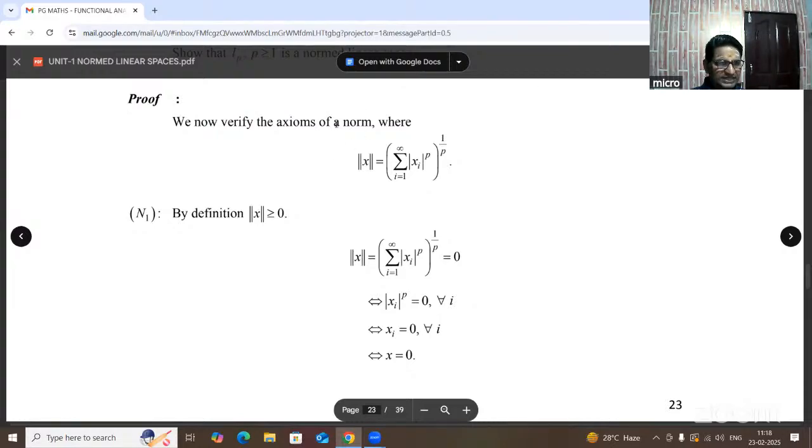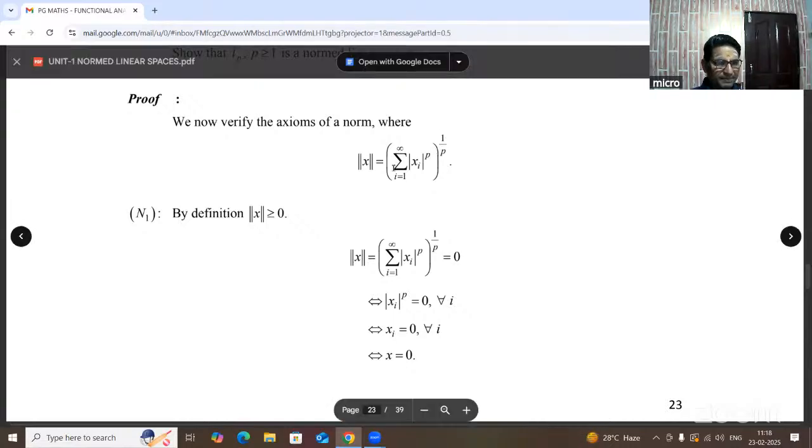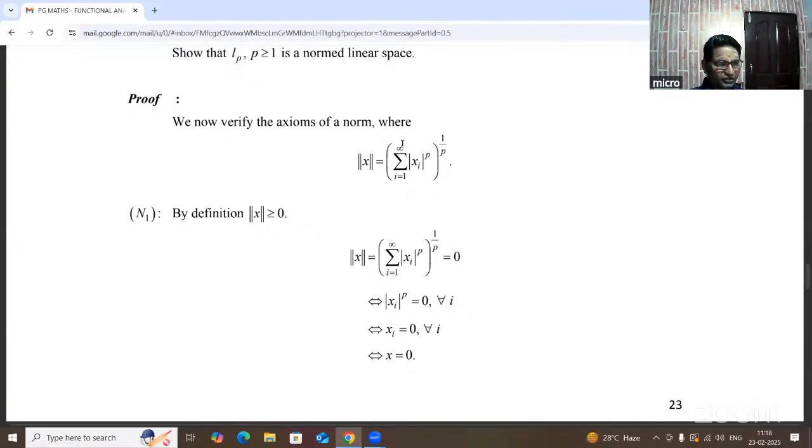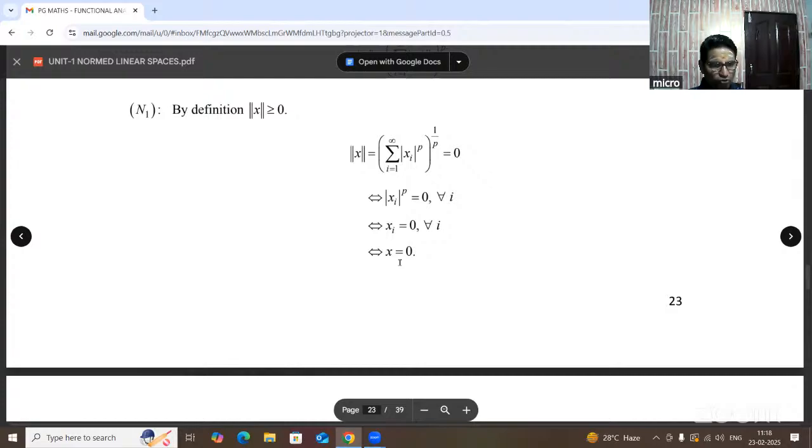Now the axioms of a norm. The given condition is norm x equal to summation mod xi whole power p, whole power 1 by p, where i equals 1 to infinity. The first condition is norm x is greater than or equal to 0, and applying the given condition, then automatically x equal to 0.